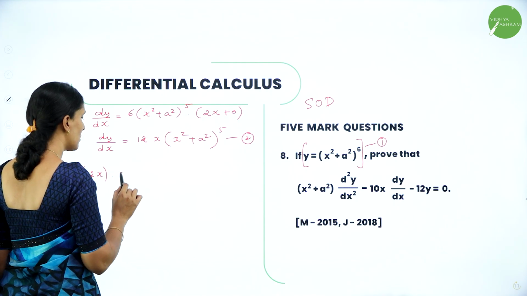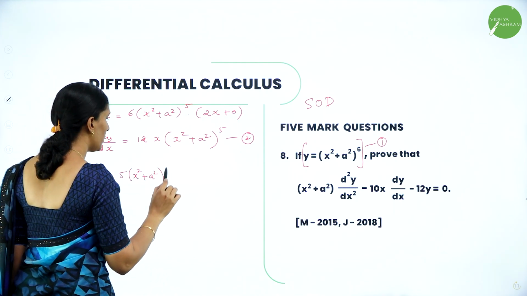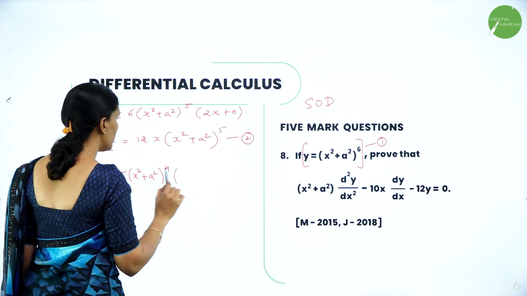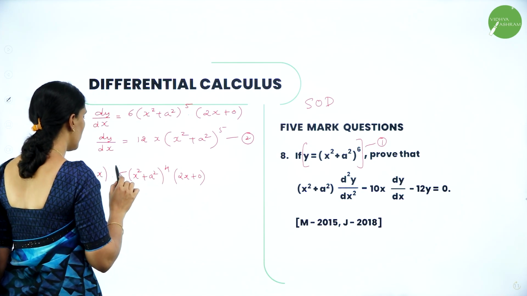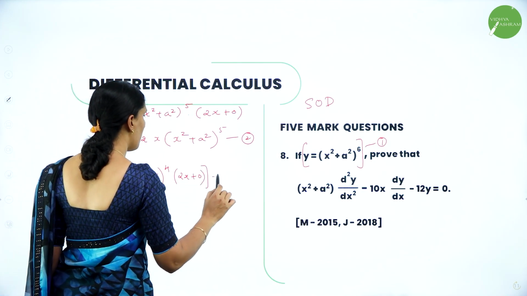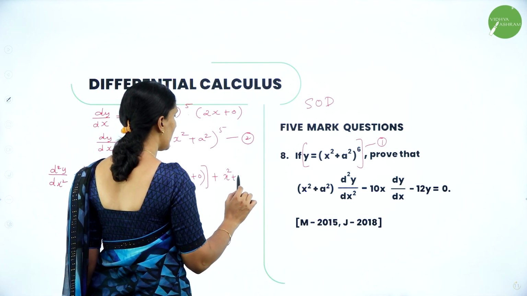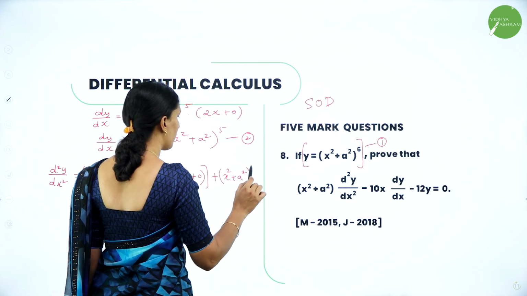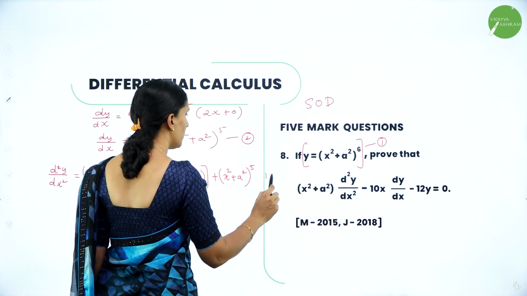Again it is 5 into x square plus a square whole to the power 4 into 2x plus 0. This is the second function plus second function, that is x square plus a square whole to the power 5 into the derivative of the first function, that is 12x, which will become 12.